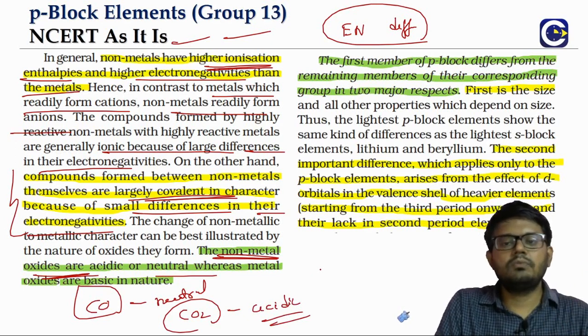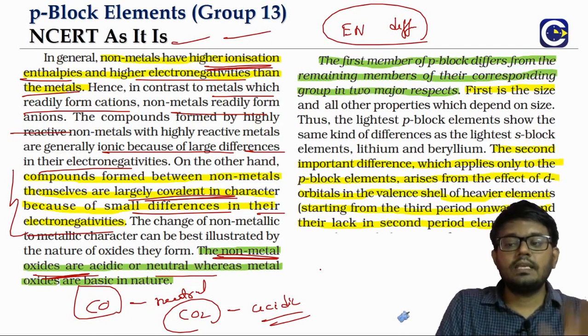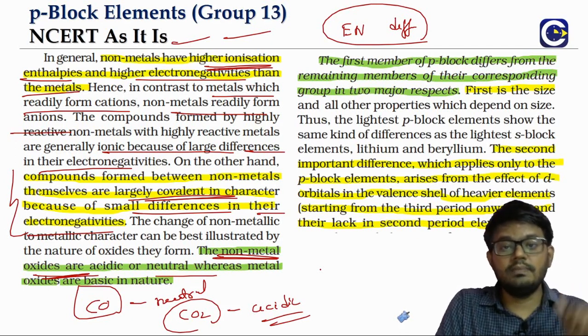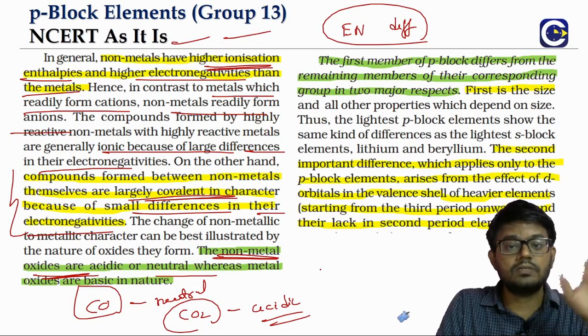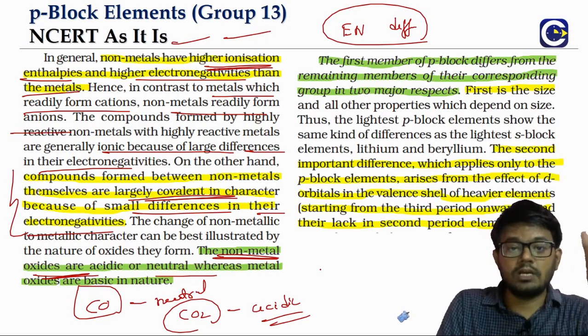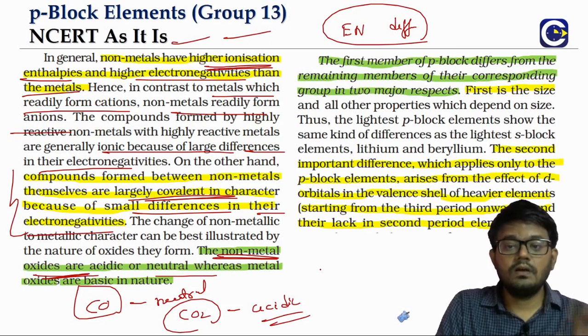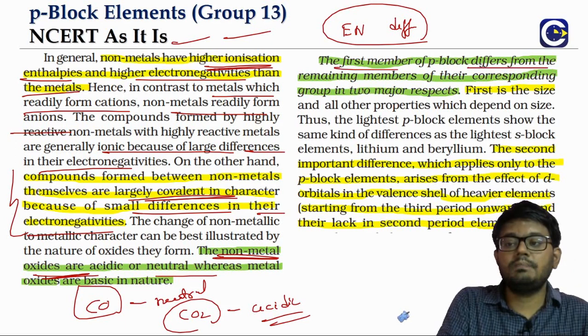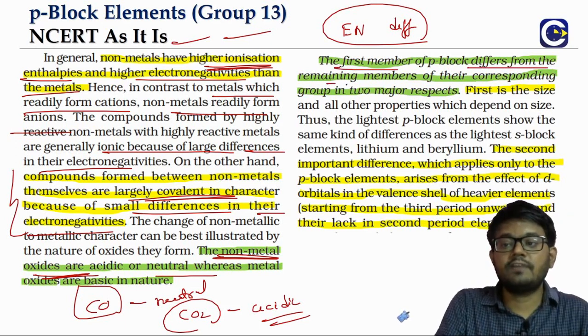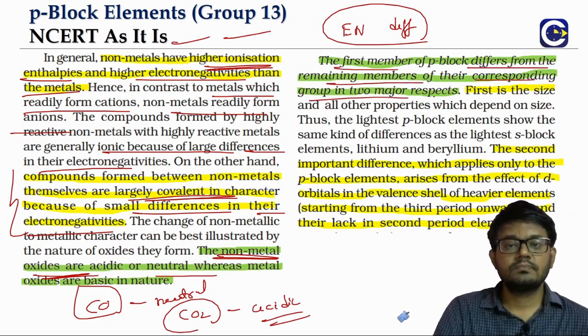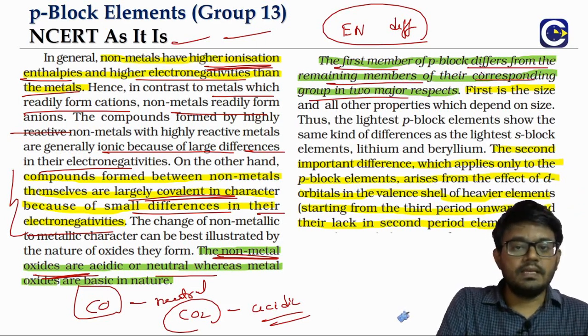And in our discussion about the S block, first group or second group, we have seen that lithium, the first element of the group, has got anomalous properties from the rest of the other elements. Beryllium has got anomalous behavior. Almost a similar thing we will see here also. The first member of the P block, any group you take, will differ from the remaining members. In what ways will it differ?